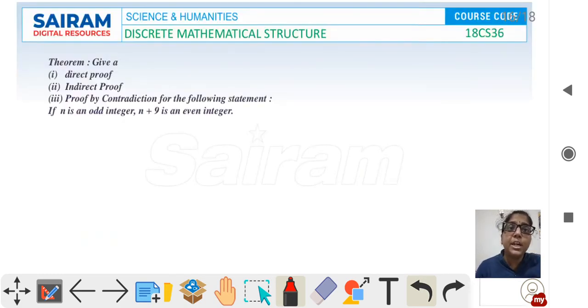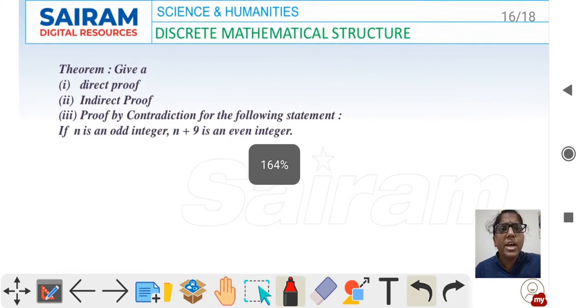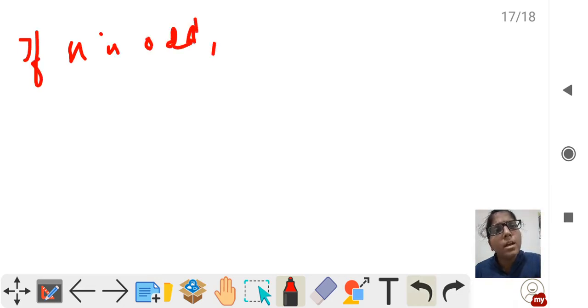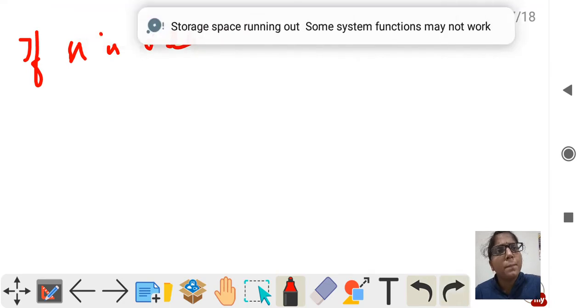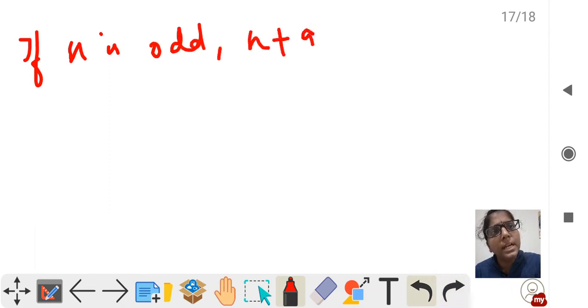Give a direct proof, an indirect proof and a proof by contradiction for the following statement. So what is the statement given here? It is: if n is an odd integer, then n plus 9 is an even integer. So if n is odd, n plus 9 is an even integer.